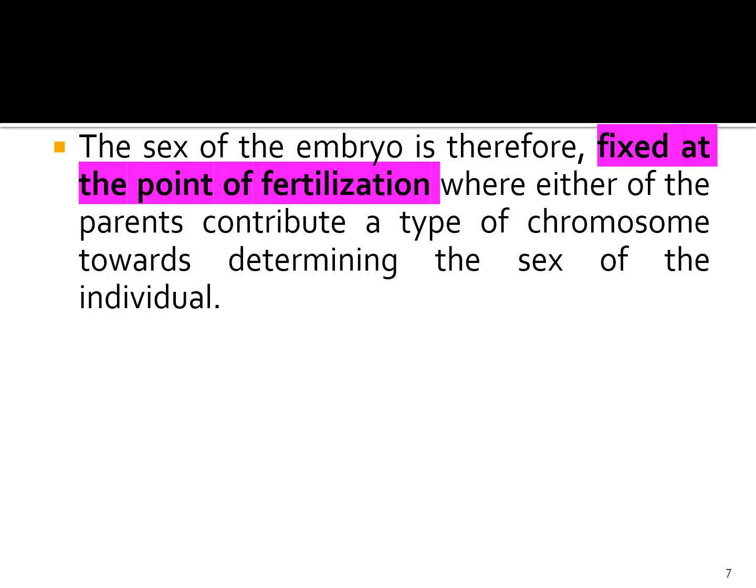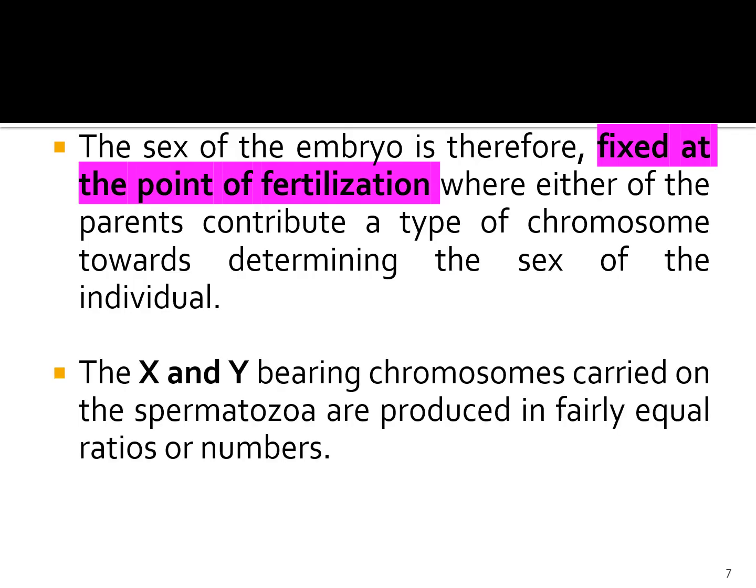And the sex of the embryo is therefore fixed at the point of fertilization, where either of the parents contributes a type of chromosome towards determining the sex of the individual. The X and Y bearing chromosomes carried on the spermatozoa are produced in fairly equal numbers, a 50-50 or 1:1 ratio.